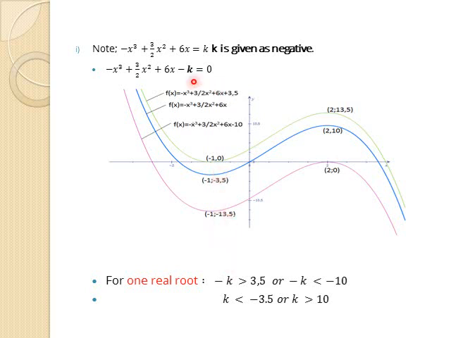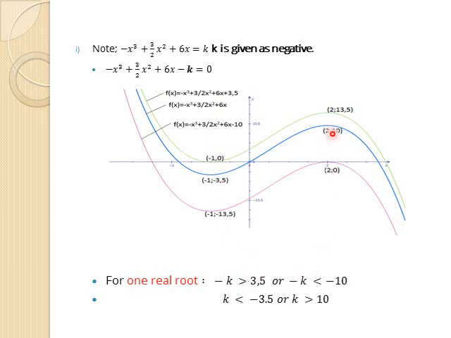Therefore I write negative k greater than 3,5 or negative k less than negative 10. When I say greater than 3,5, the point is plus 3,5 gives me 0, and greater than 3,5 takes it above the x-axis. So negative k greater than 3,5.